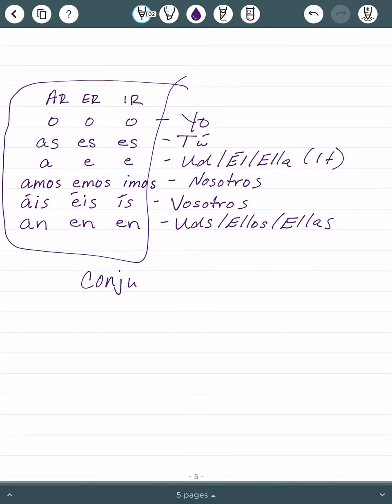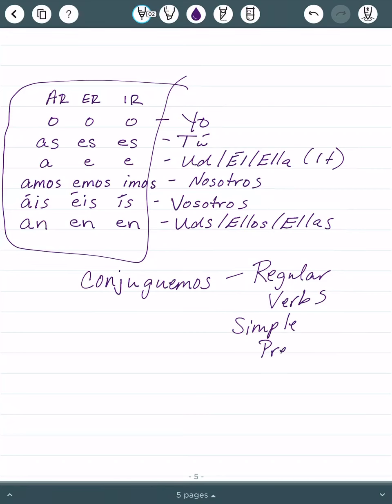This is the point where you can go to conjuguemos.com. There are lots of great games. Just tell it you want regular verbs and you want them to be in the simple present tense. And I think you'll find this to be a website that's not really that bad. It actually has some games in there that are kind of fun.